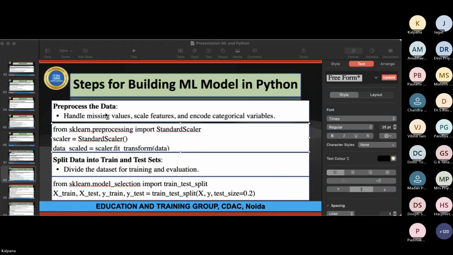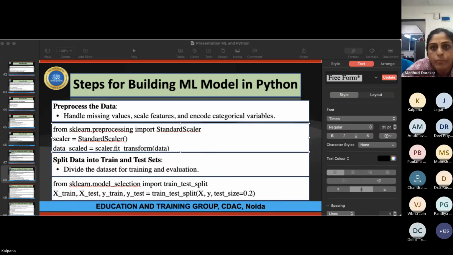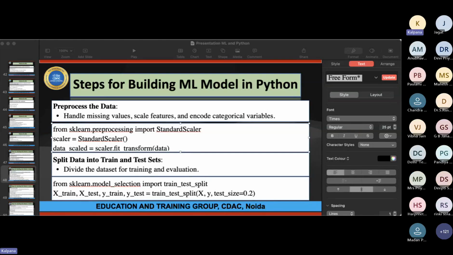Data set. I used Anaconda. I'm just sharing the screen. Generally, what we use is this.